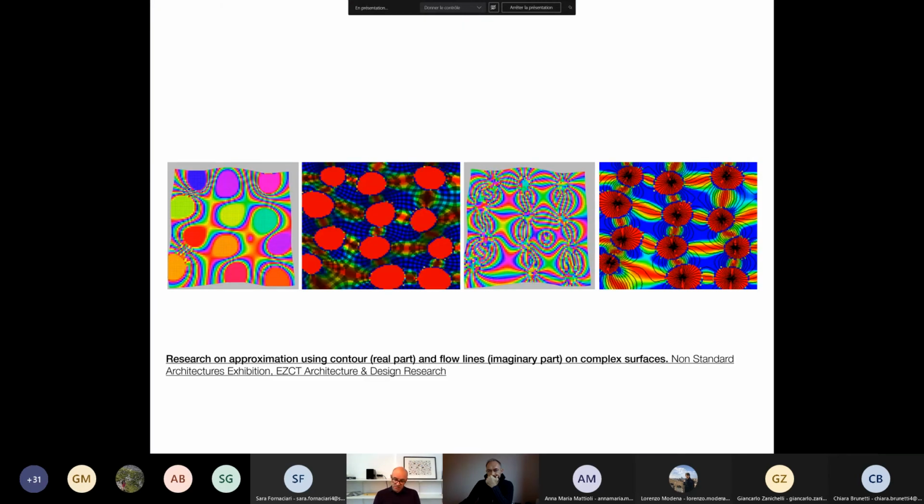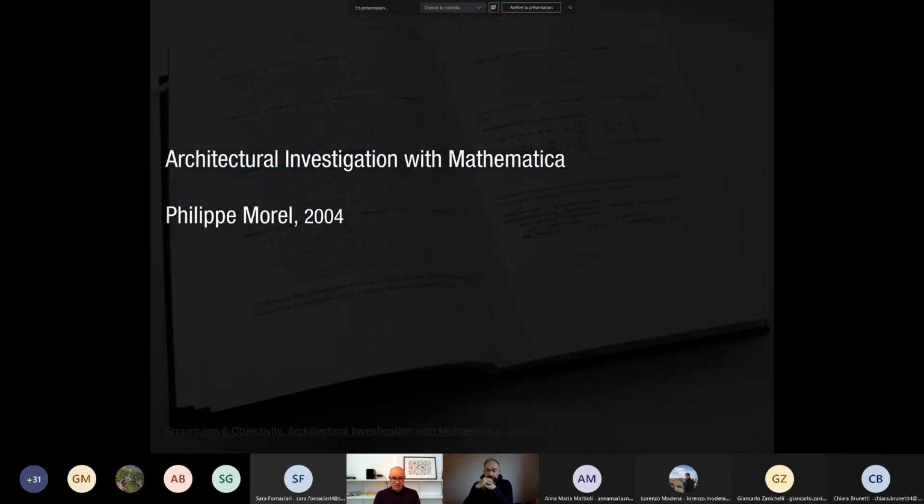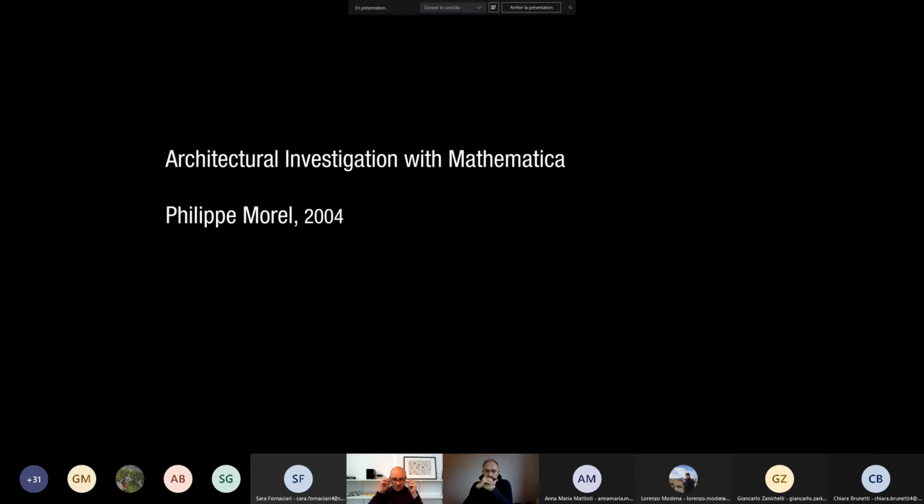So I really started to be more and more interested in both the mathematical and physical properties of surfaces. So I kept working on that in something that would become architectural investigation with Mathematica.